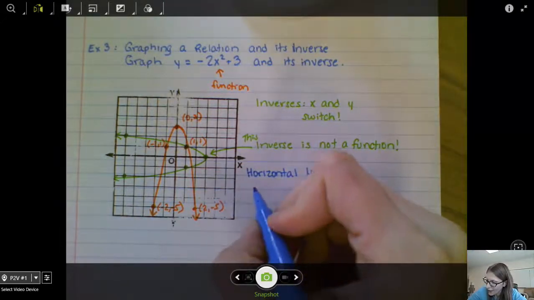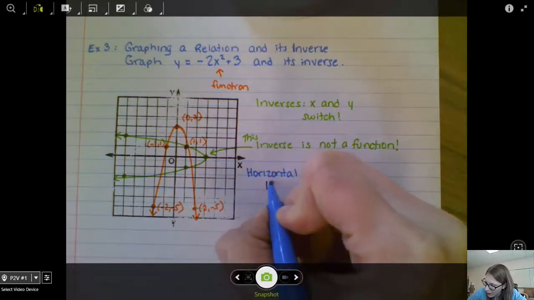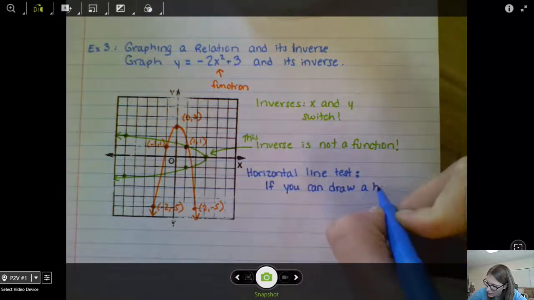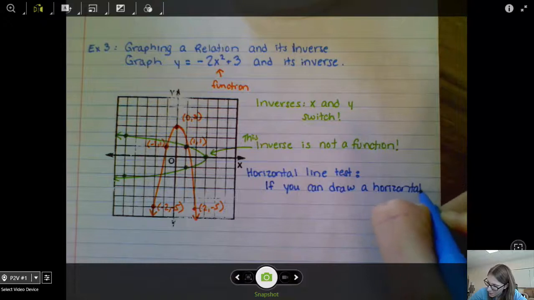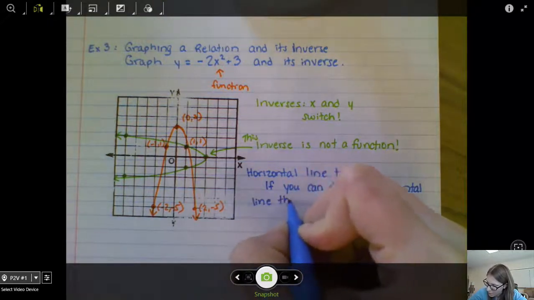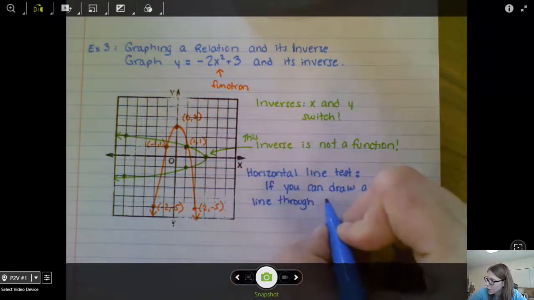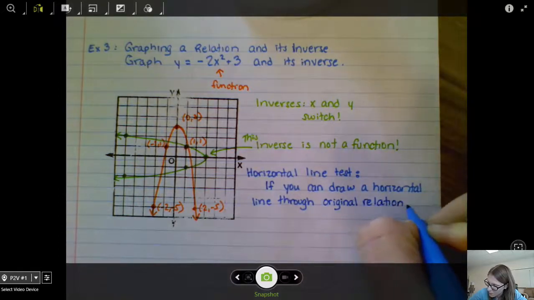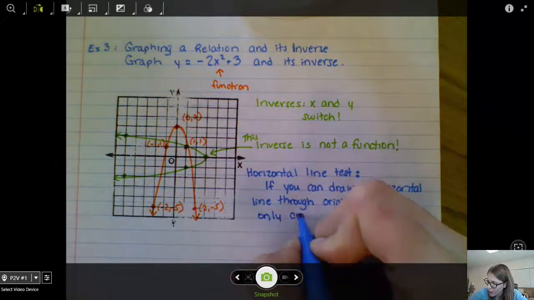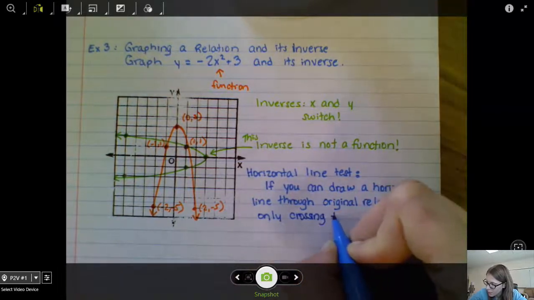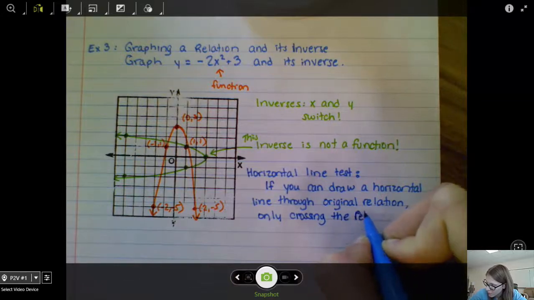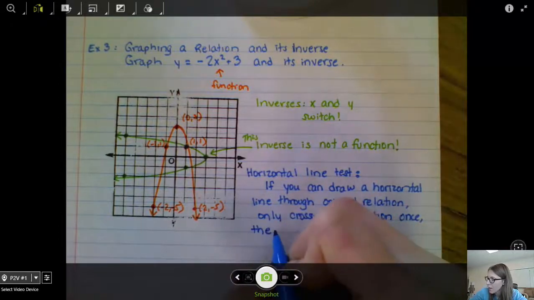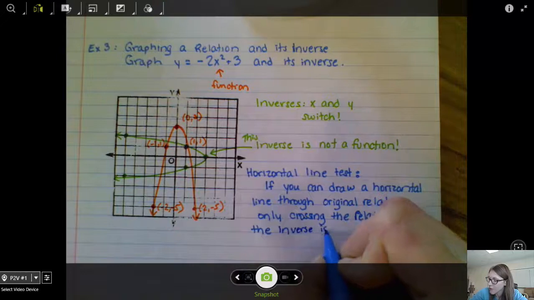Okay. The horizontal line test tells us that if you can draw a horizontal line through the original relation, only crossing once, the inverse is a function.